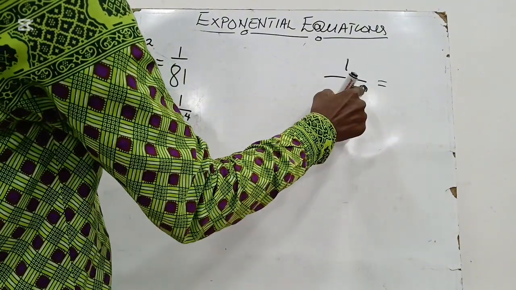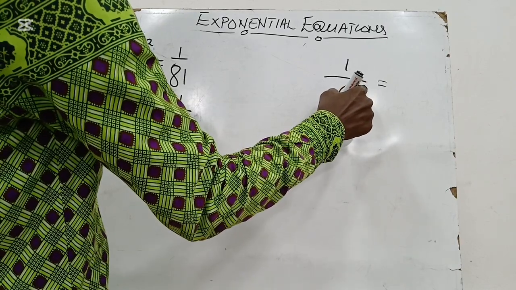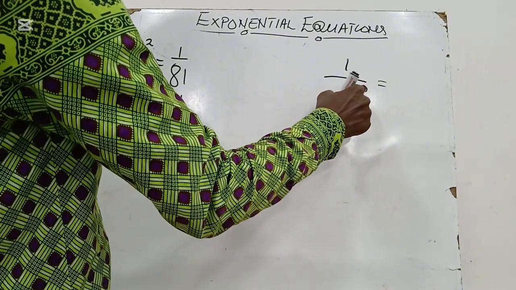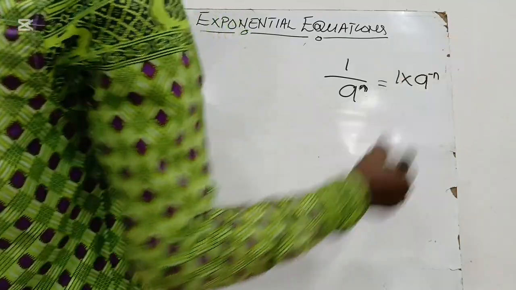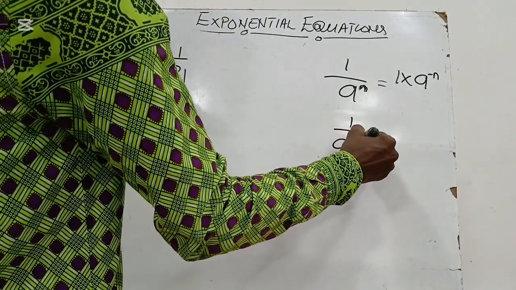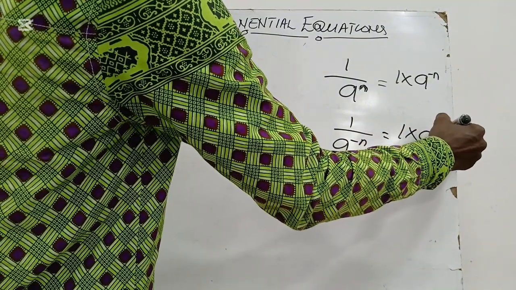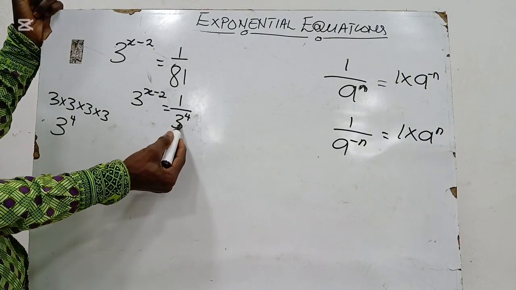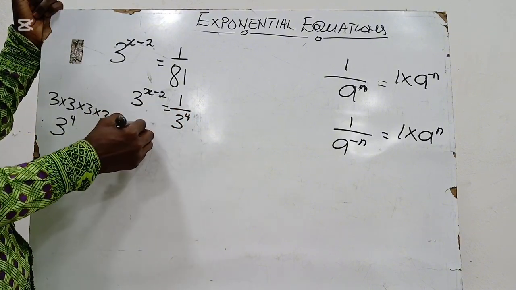So since this exponent n is positive, it becomes 1 times a exponent minus n. If it was 1 over a exponent minus n, it will become 1 times a exponent n. So we are going to do the same thing here, taking this to the top.